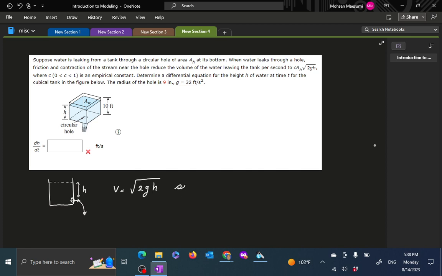So this is the speed of water leaving the tank under gravity. We are not pumping it. And g is the gravitational constant, typically given to you as 32 feet per second squared.